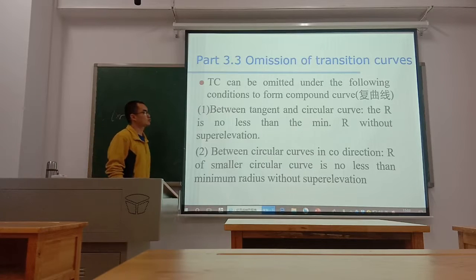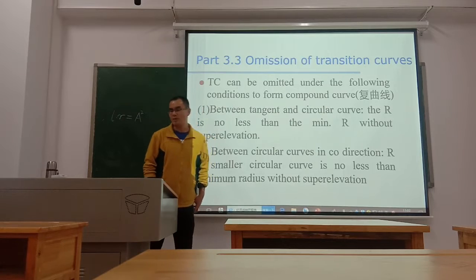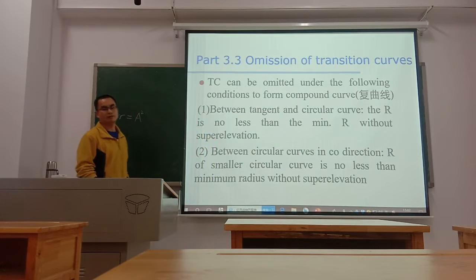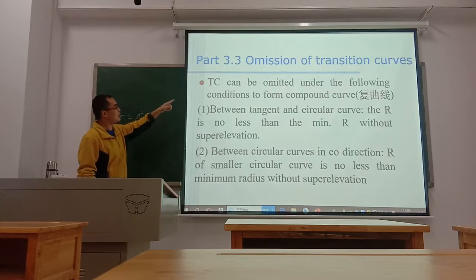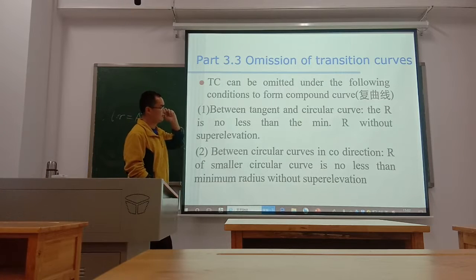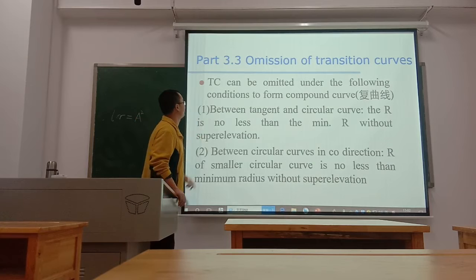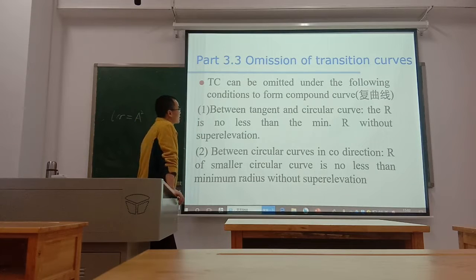Part 3.3. Omission of transition curves. A transition curve can be omitted under the following conditions to form a compound curve.